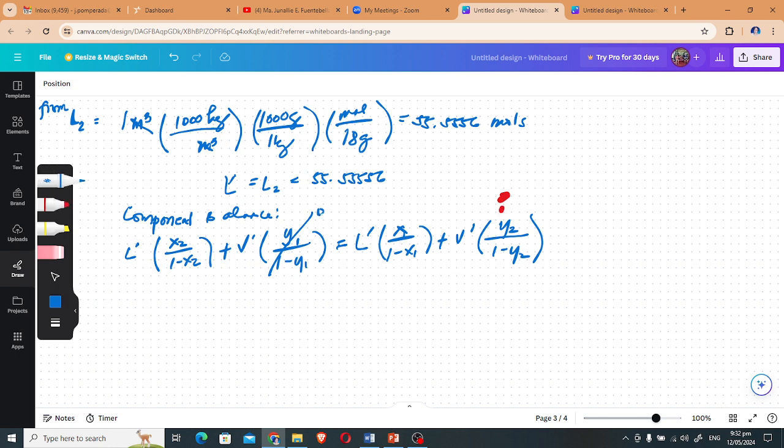So how do we determine y2? Using Henry's law, we know that y2 is equal to m x2, and if we associate this with Henry's law, m will be H, the Henry's law constant, divided by the total pressure of the system, times x2, and this is our y2.